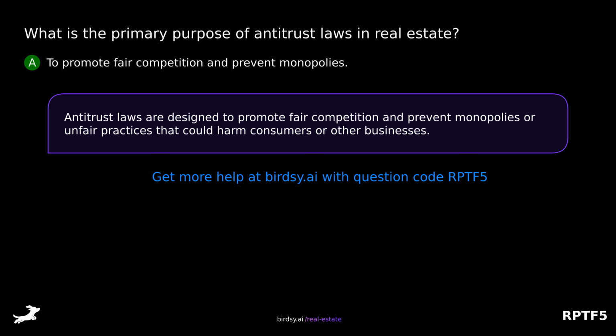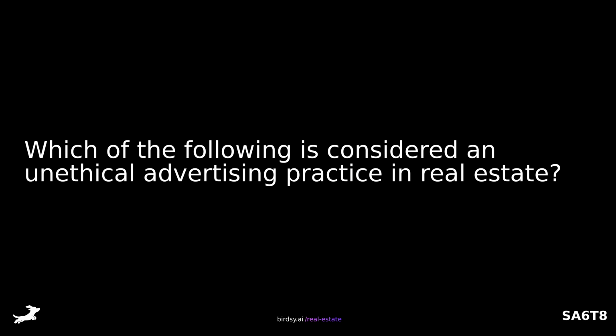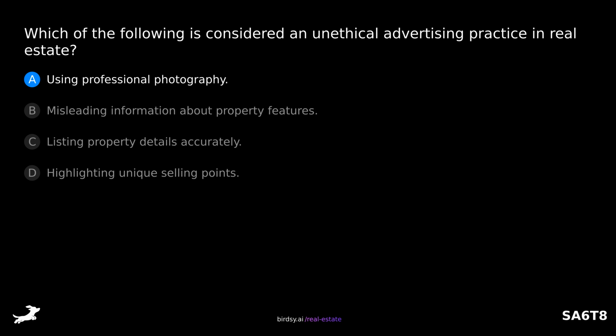Antitrust laws are designed to promote fair competition and prevent monopolies or unfair practices that could harm consumers or other businesses. Which of the following is considered an unethical advertising practice in real estate? Is it A, using professional photography? B, misleading information about property features?